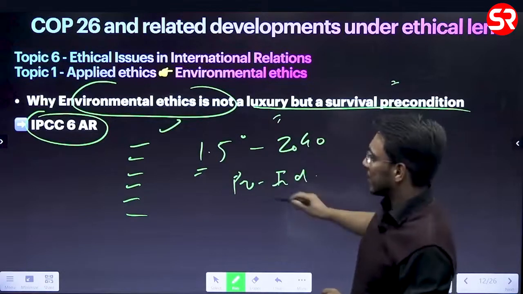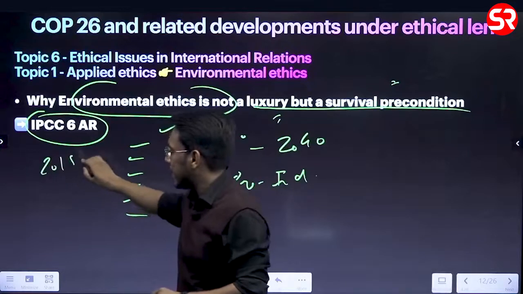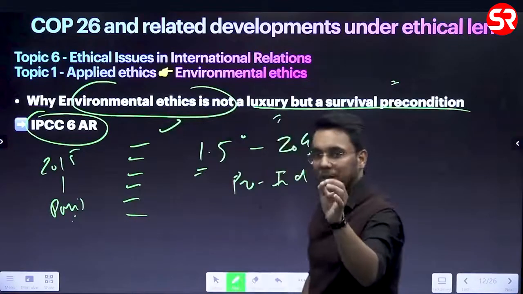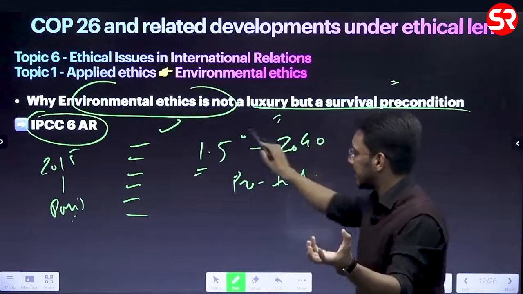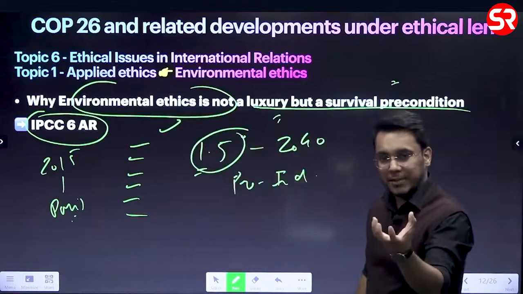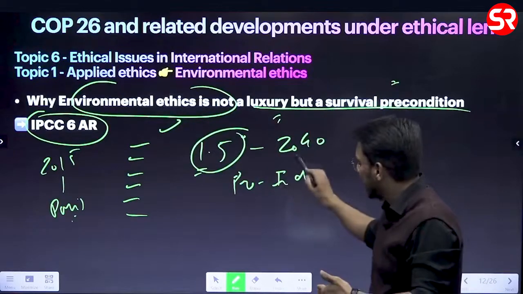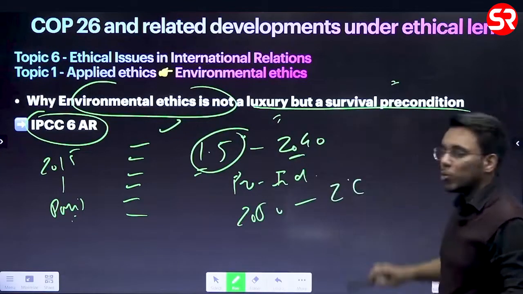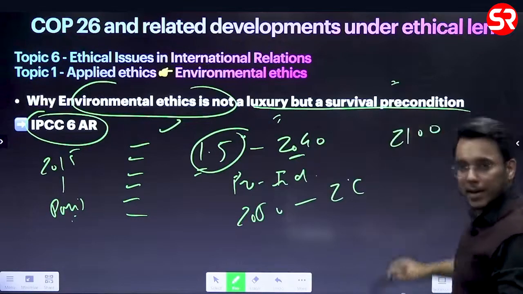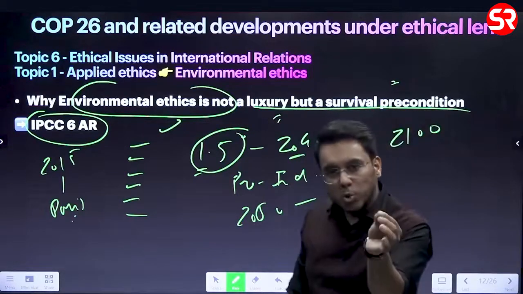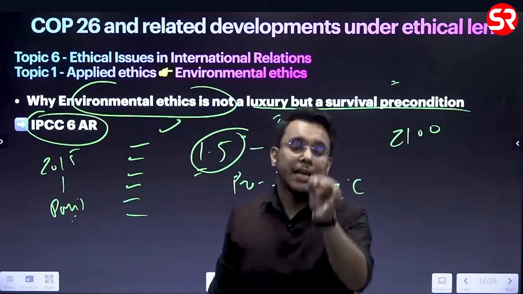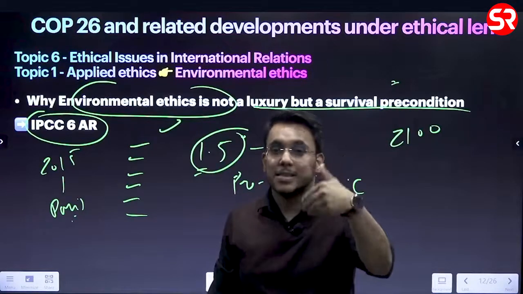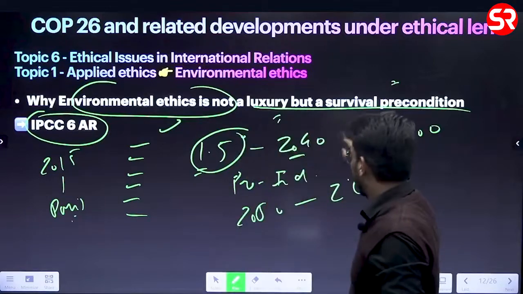Now, if you remember, in 2015 in Paris we took a target that we will make every effort and try to restrict the temperature rise to 1.5 degrees Celsius. But it says that 1.5 degrees Celsius will be reached before 2040, and by 2050 it will go to 2 degrees Celsius. And by 2100, around 2.5 to 3.5 degrees Celsius temperature rise can happen. One.